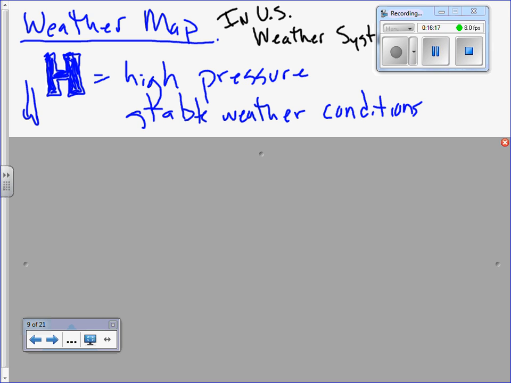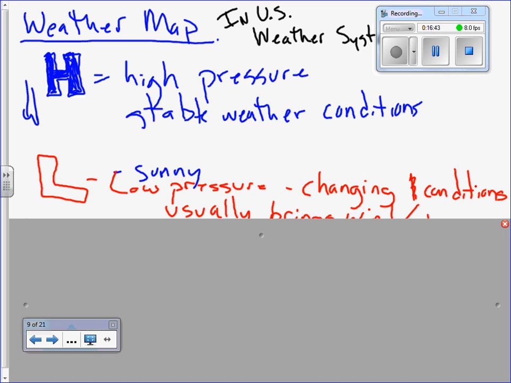Even though it's cold air, the high pressure causes stable weather conditions. So it might push a front through very quickly, but if we see a big high pressure zone over the state of Colorado, it probably means it's sunny. We get high pressure in the wintertime and it'll be clear skies, might still be really cold, but generally stable weather. Sunny, stable weather.